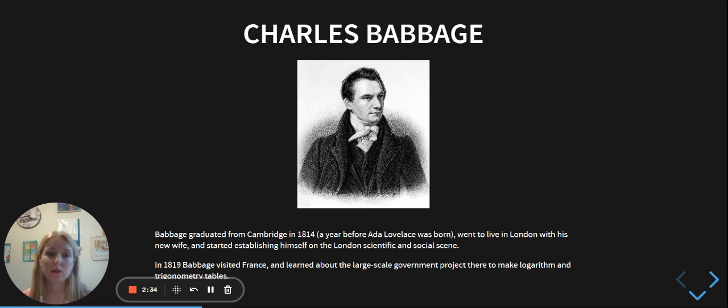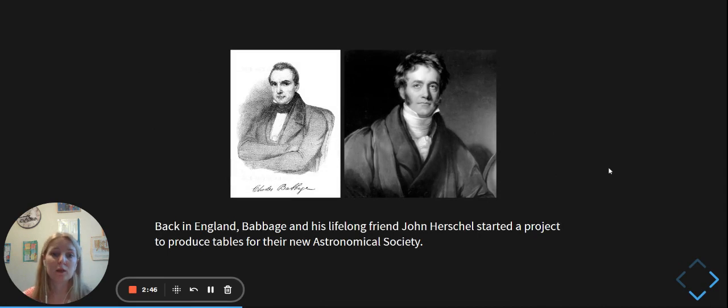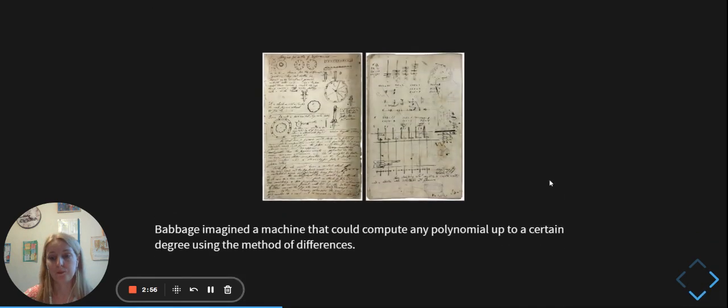In 1819, Babbage went to France, and there he learned about the large-scale government project to make logarithm and trigonometry tables. Back in England, Babbage and his lifelong friend John Herschel started a project to produce tables for their new astronomical society.